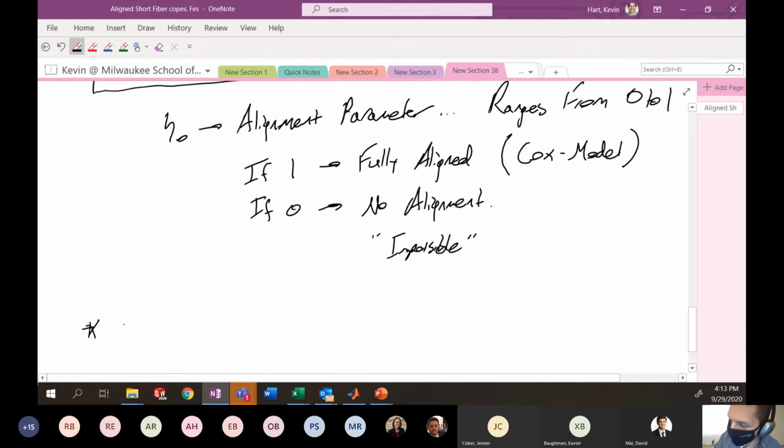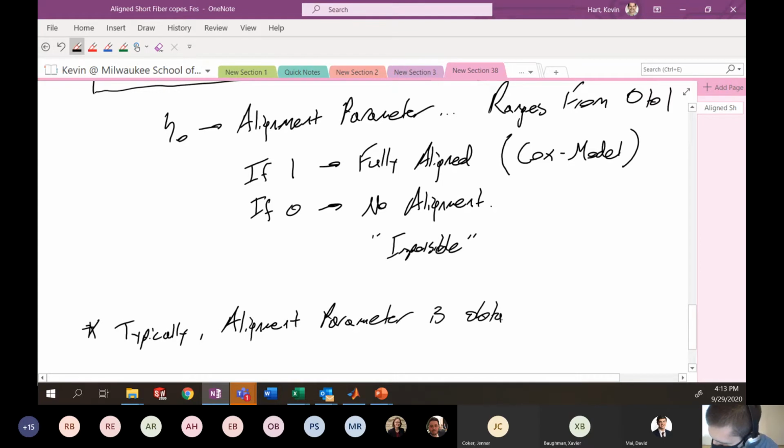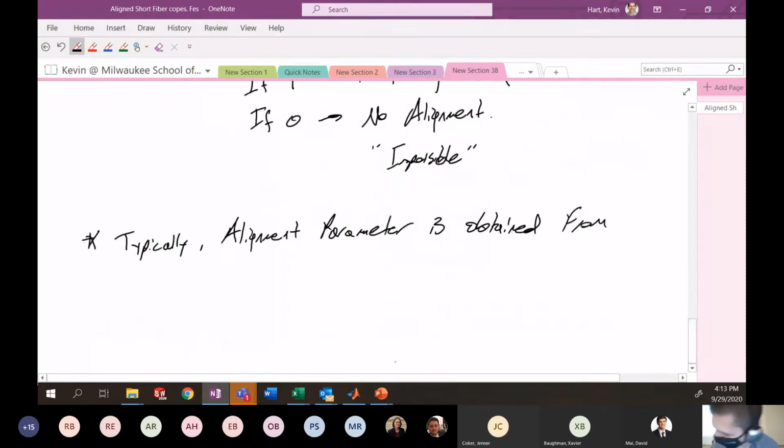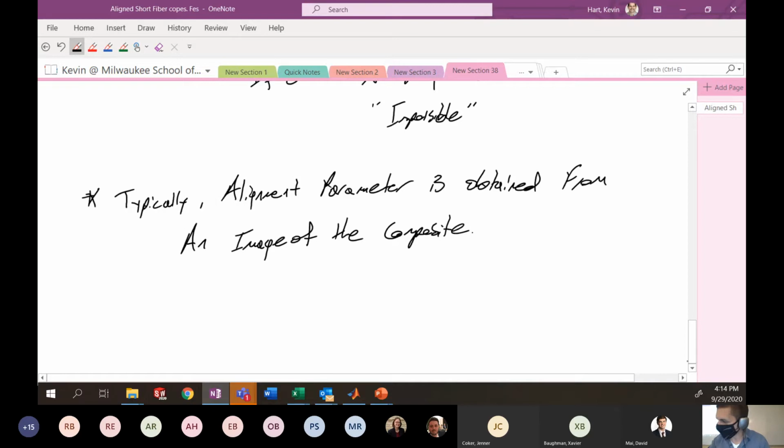Okay, so let's explain how to calculate this alignment parameter. Typically the alignment parameter is obtained from an image of the composite. One example of this might look like this.